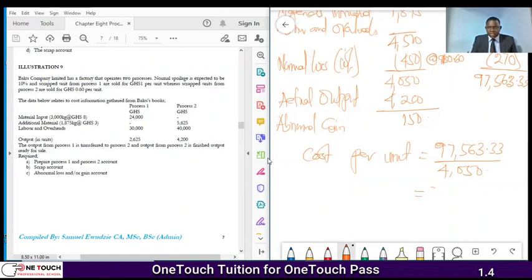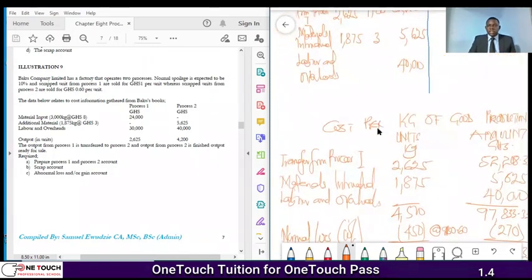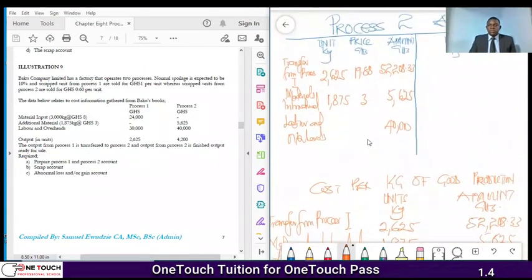That gives us 24.09. Okay, good. So let's quickly look at our process account.